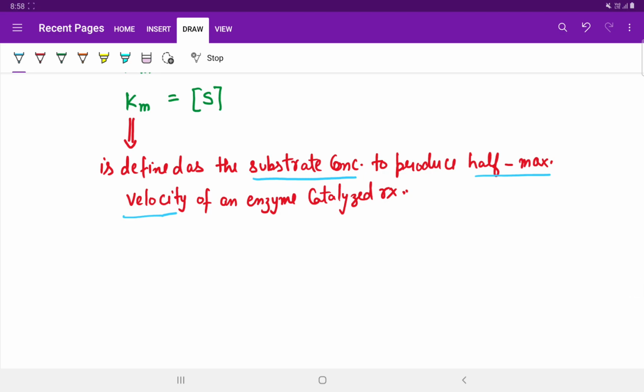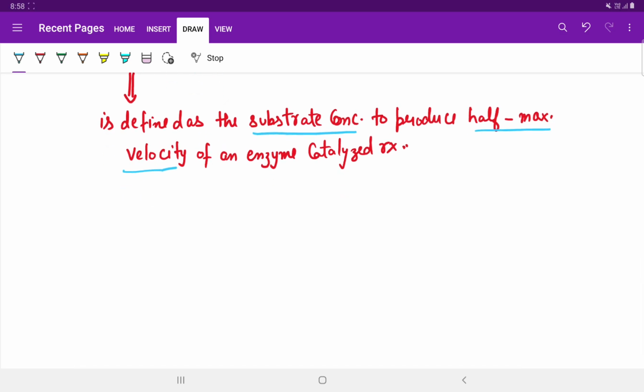Now it indicates that half of the enzyme molecules are bound with the substrate molecules when the substrate concentration equals the value of Km or Michaelis constant. So this Km has a particular significance.